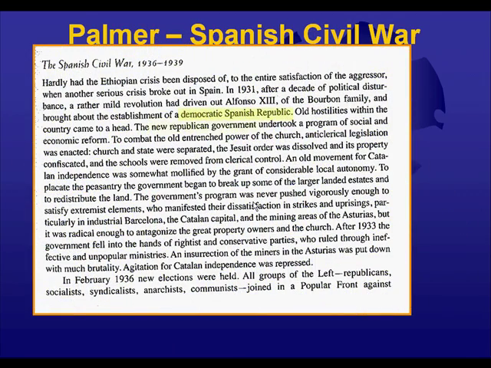On pages 831 to 833 of Palmer, we find a concise but descriptive entry that provides a basic outline of the Spanish Civil War. The entry introduces key concepts such as Republican, fascist, and neutrality legislation.